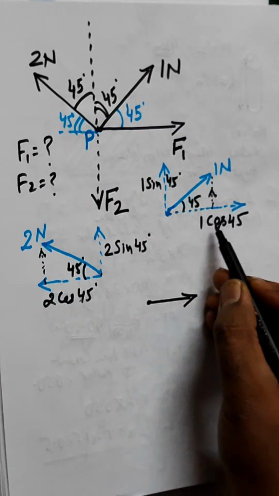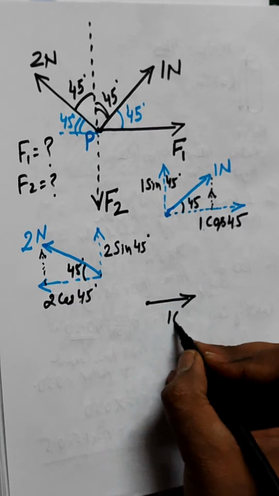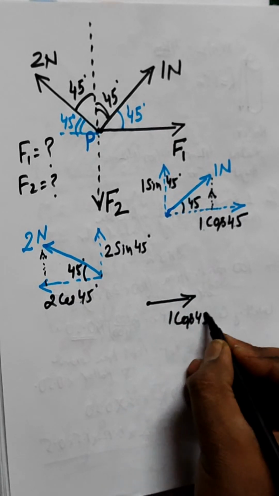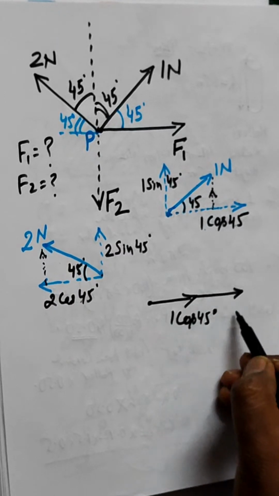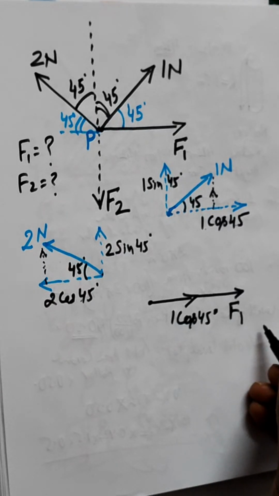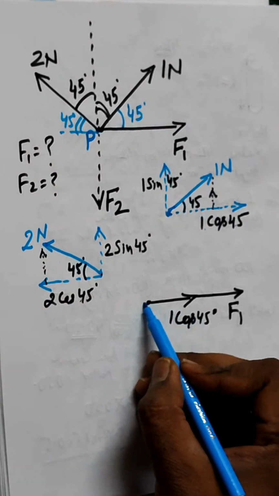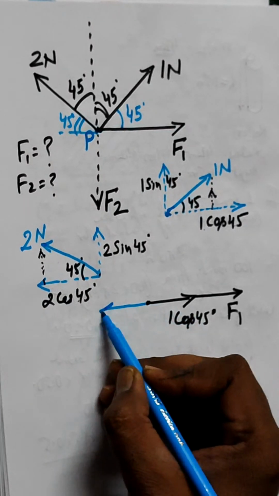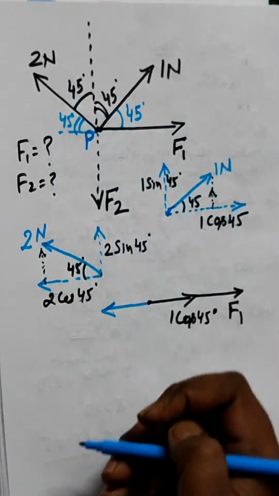It's 1 cos 45 towards the right direction, that is 1 cos 45 degree, and in this direction another force F1 is given to you, which we need to calculate, and on the left side you have this component 2 cos 45, the component of the 2 Newton force.